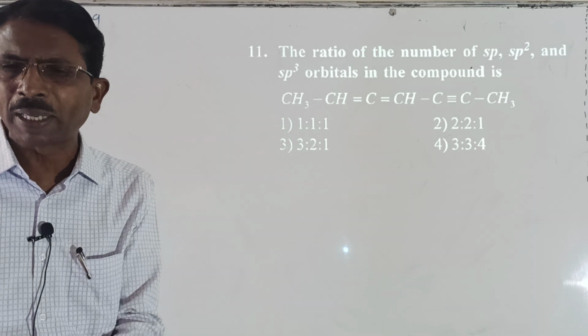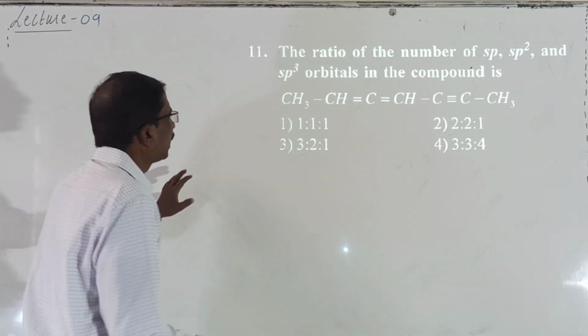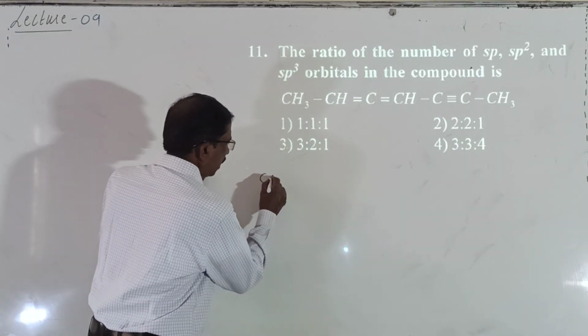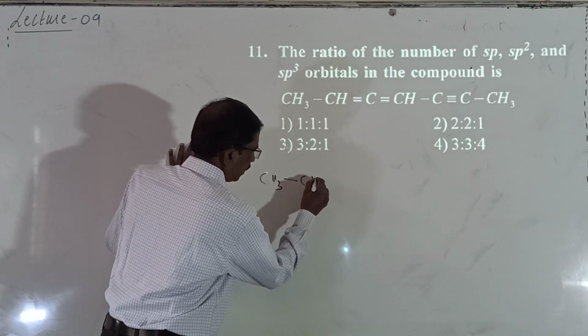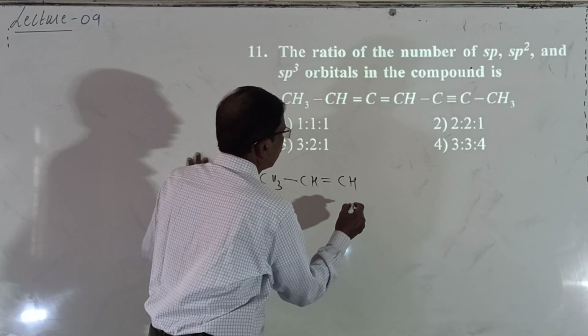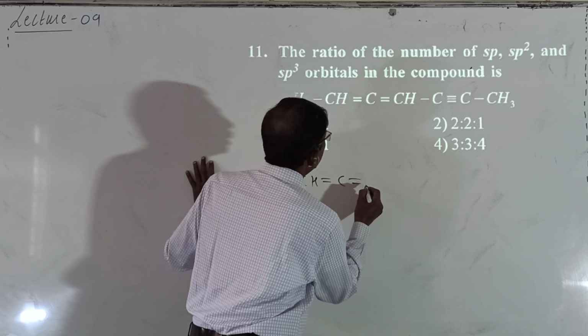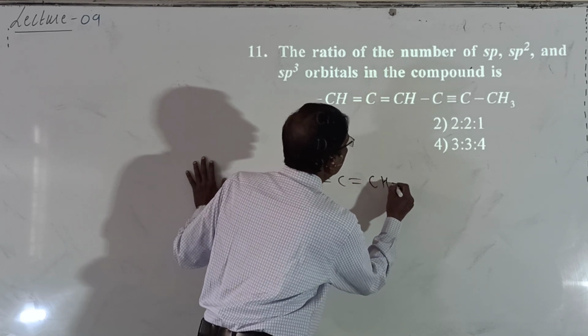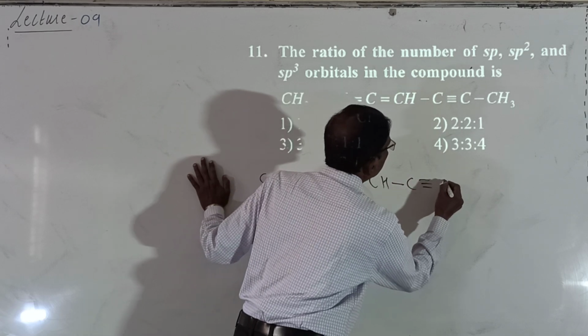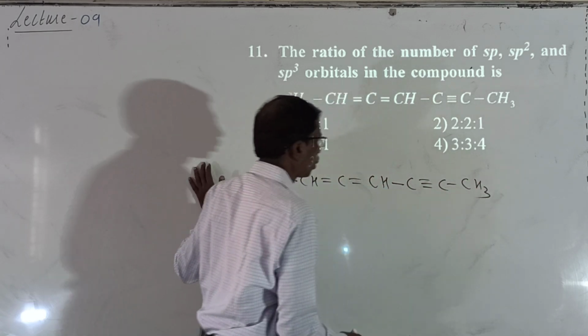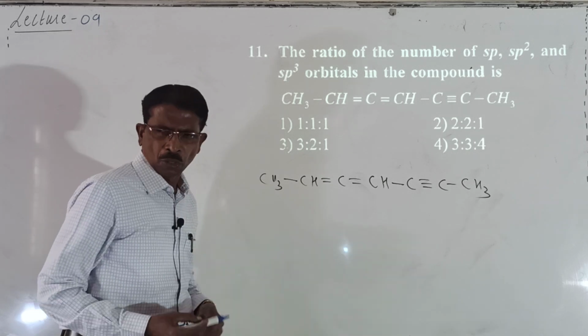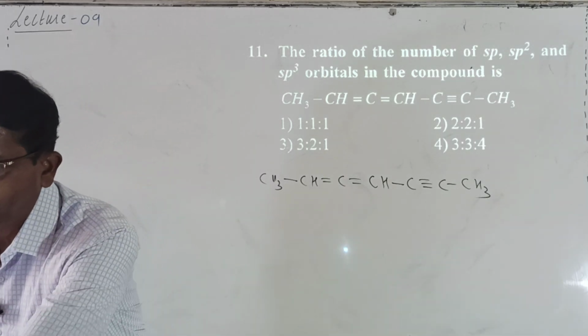So how to identify this? Very simple. I will write here, look here: CH3, CH double bond, CH, it is C double bond CH, C triple bond C, CH3. Look here students. So what is sp3 here?